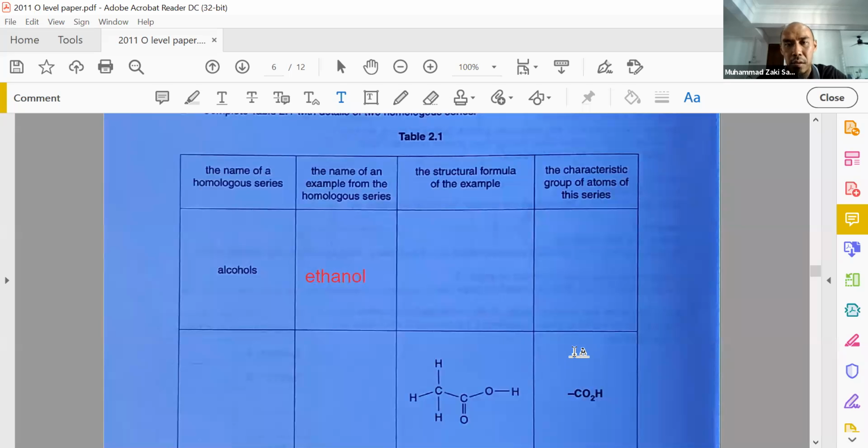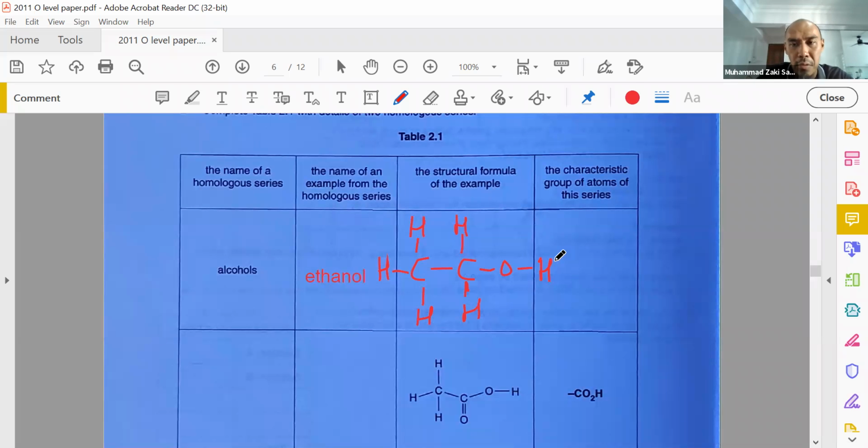For the structural formula of ethanol, follow the one below. Remember ethanol has the C-OH group. Remember carbon has 4 bonds surrounding it, oxygen has 2 bonds, and hydrogen has 1 bond.